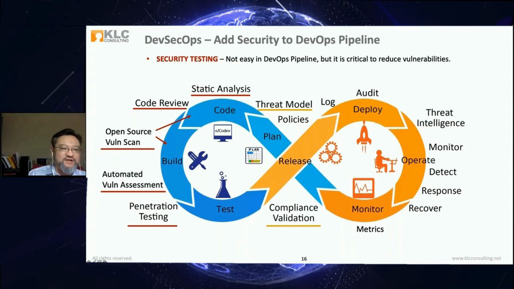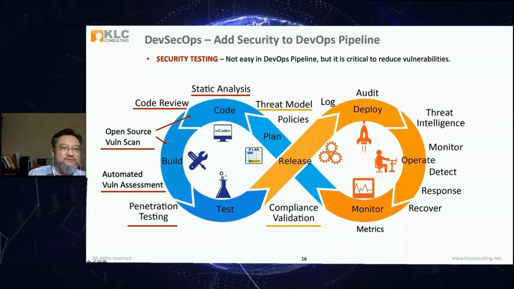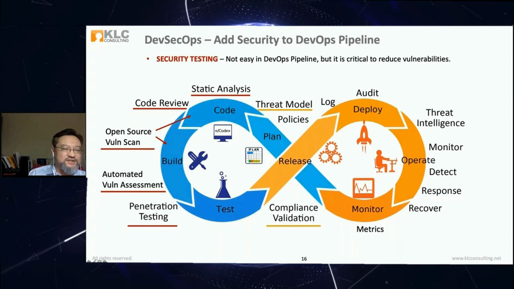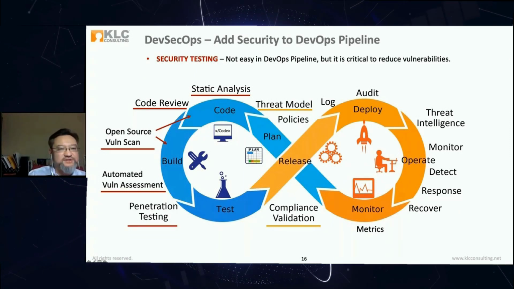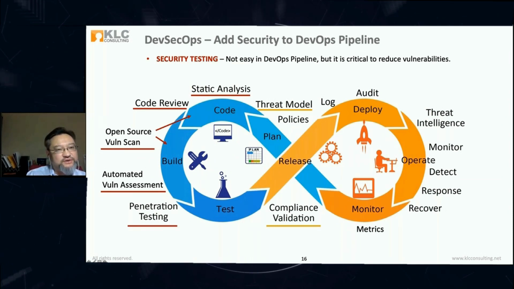So let's take a look at the DevOps diagram here, where I have added some security components. When you're doing the coding or development, on the top here, you have the static analysis. Some of them are more like a spell checker, like tests that you can actually do for your code.